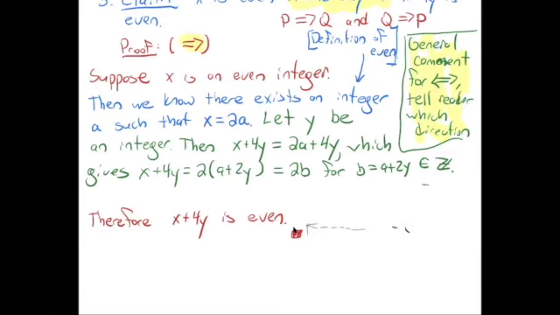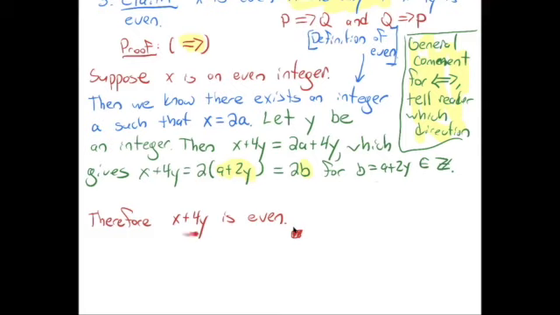Let me just kind of get this out of the way. So what we've shown here is this quantity over here. This is what we're calling b. And we just need to be really clear to the reader that we pulled out the 2 because now we can write it as 2 times an integer.